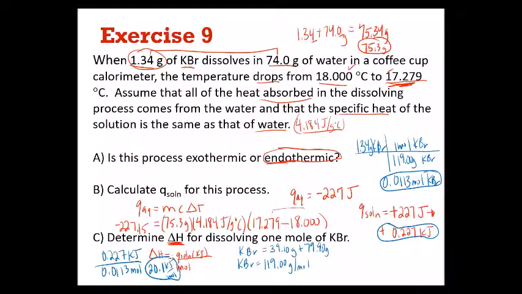That's going to be our final delta H. And it's positive. And what do we know about delta H in terms of endo processes? What's always the sign on an endo delta H?